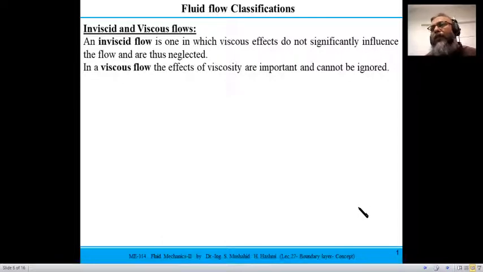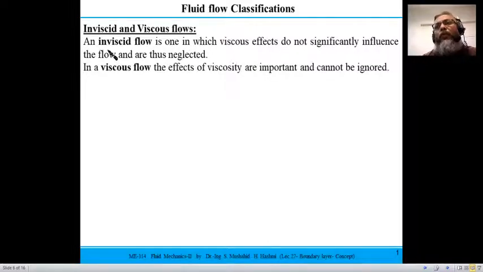There are several other classifications, for example, when we talk about the effect of viscosity in the flow. Inviscid flow is a class of flow in which viscous effects are insignificant, are not influencing the flow, and can be ignored.